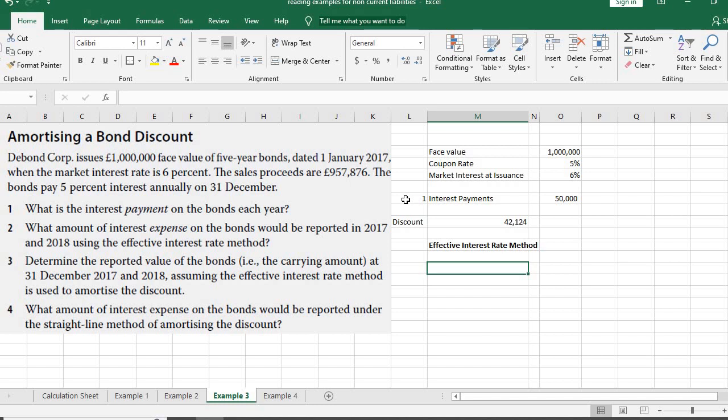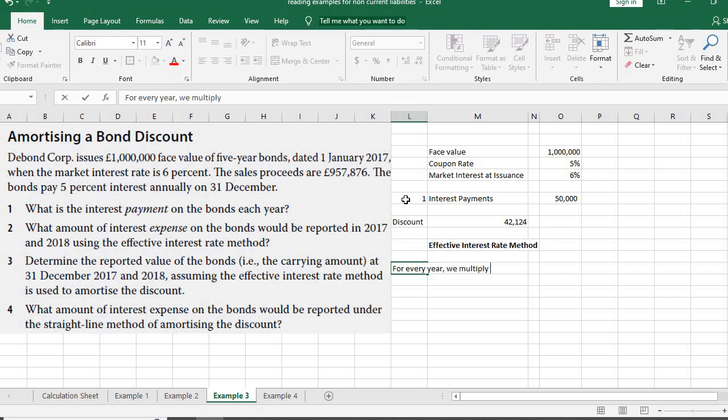The market interest rate for this bond at the time of issuance was 6%, right? So for every year we multiply the market interest rate with the opening carrying value of the bond.